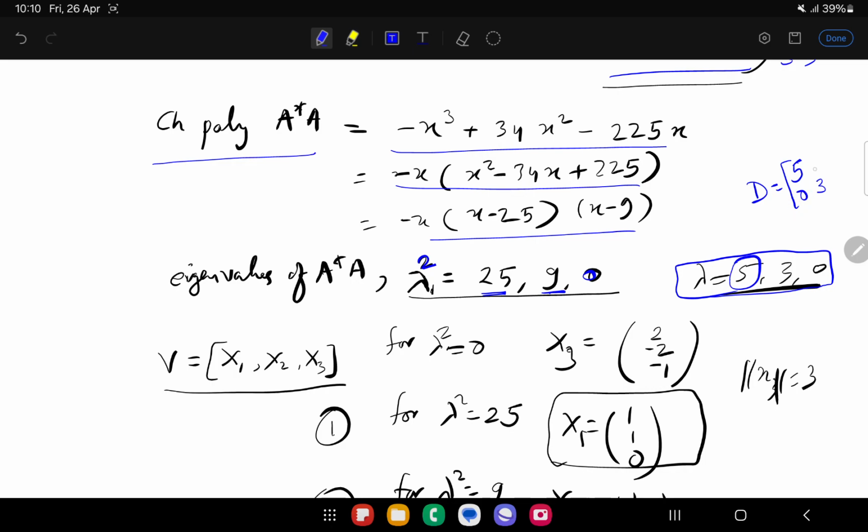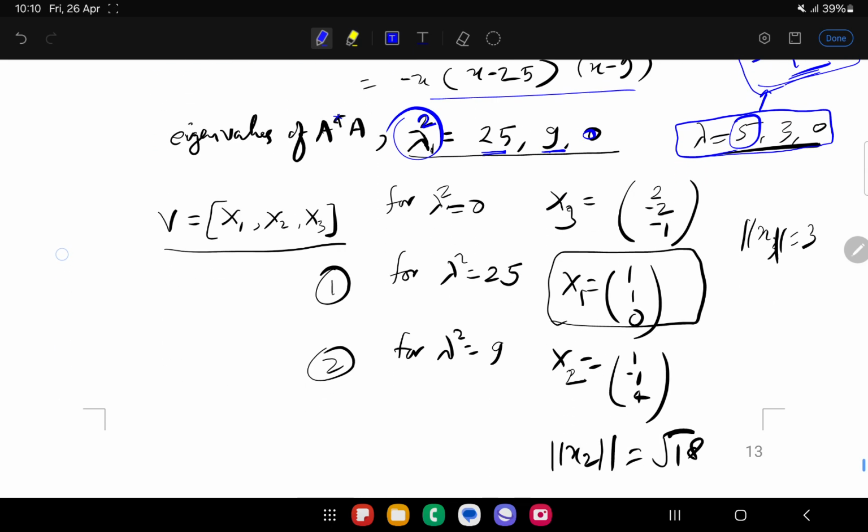This is your diagonal part, and then extra zeros. This was your D. Why I am writing sigma square, lambda square, is discussed in the classroom, so you can check it. Once you calculated the eigenvalues of A star A, you can get what D is. D is this.